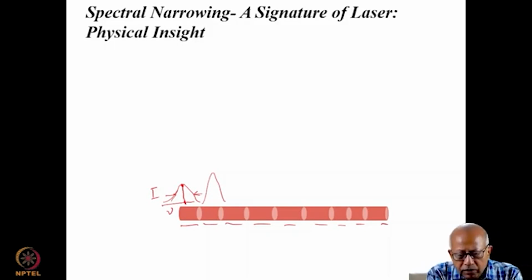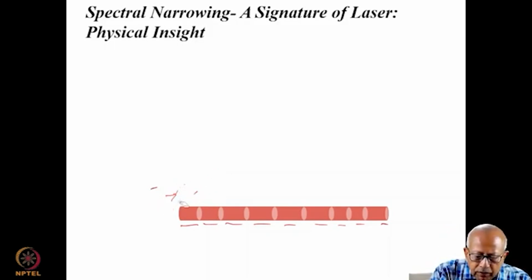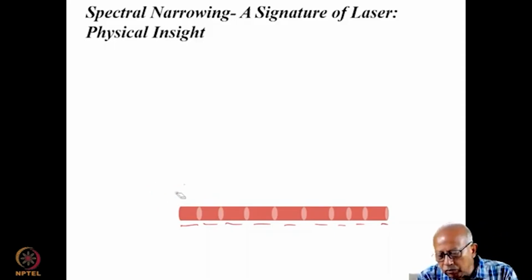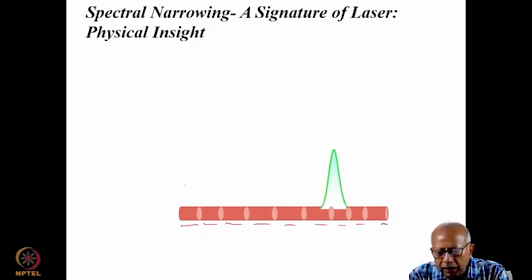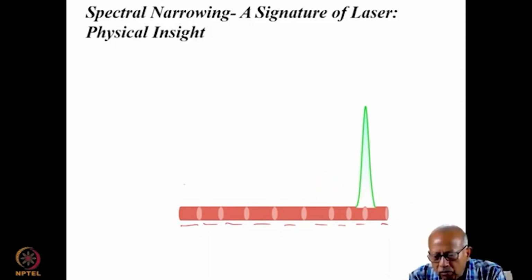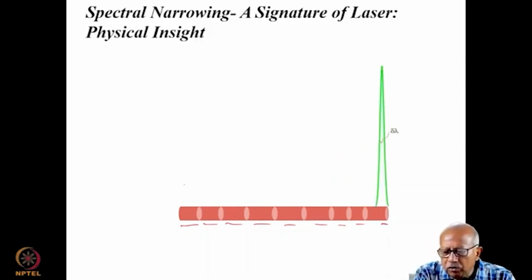Now, this is what is actually happening. If you see the net result as they move progressively through these sections, this initial distribution slowly and progressively gets narrowed and narrowed, and eventually it gets spectrally significantly narrowed.